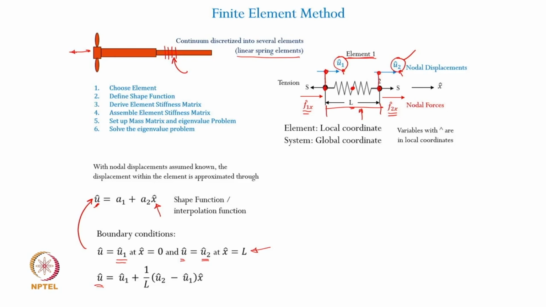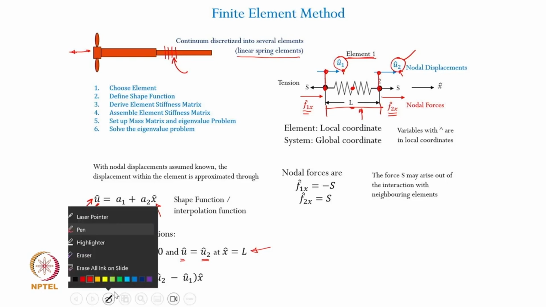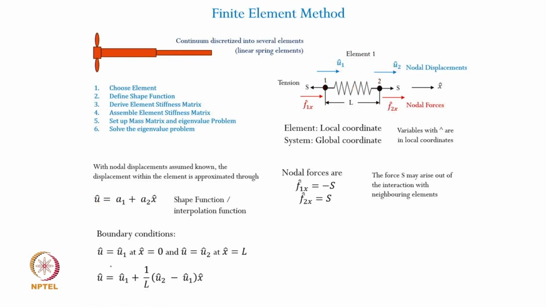Once this is done, we can relook at these nodal forces, with nodal displacements accounted for. What are the nodal forces? We can see that the nodal forces are defined the way you see it here at these two locations. F1x cap is the nodal force at node 1, and F2x cap is the nodal force at node number 2.